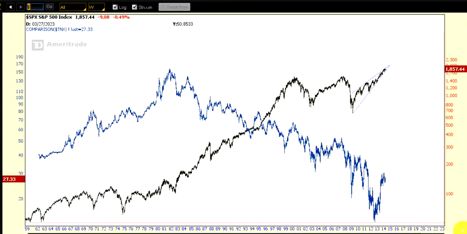So we're spending roughly 600 billion more than we're taking in tax revenue. At the peak of the financial crisis, we were taking in 2.8 trillion and spending 3.8 trillion, something like that.